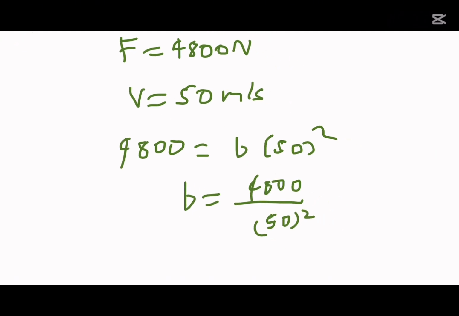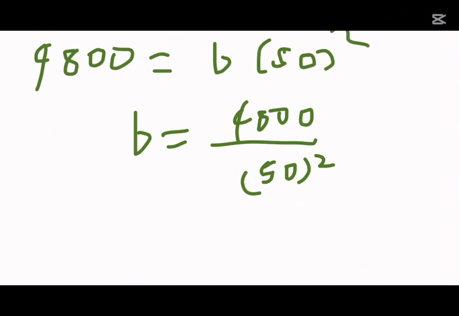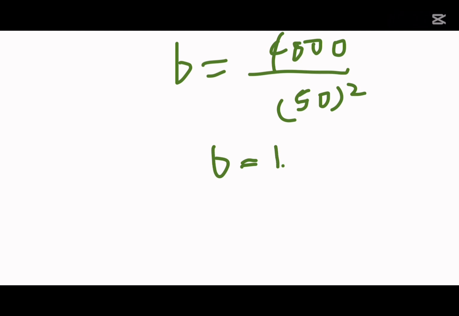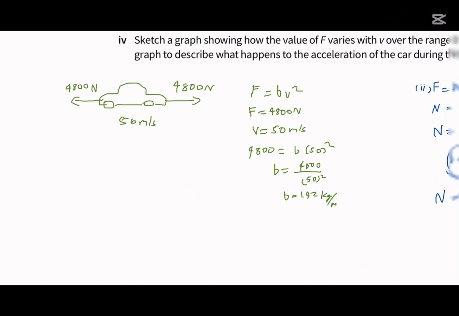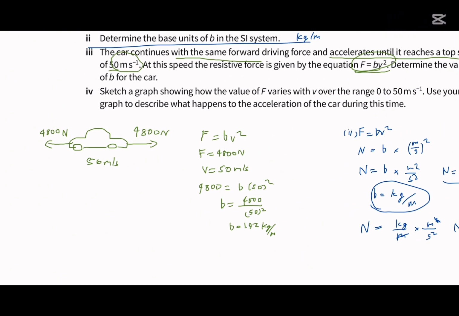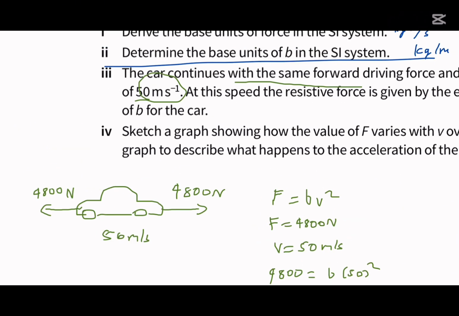So just use the calculator to solve that. Okay. So P is about 1.92 kilogram per meter. So this is the value for part B. Let me back check real quick. 4,800 over 50 squared. Yes. So P is 1.92 kilogram per meter.